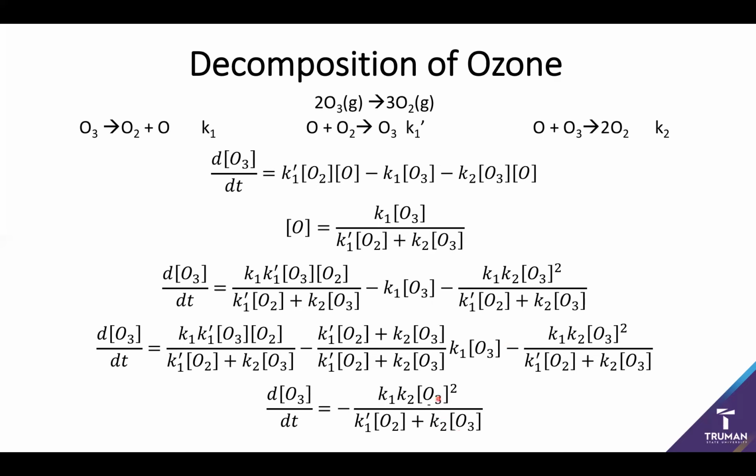But under low ozone conditions and high oxygen conditions, which is frankly much more common, we'd expect this term to be second order in ozone and inverse first order in oxygen. So this would essentially indicate that increasing oxygen concentrations would slow the rate of consumption of ozone, which is not something that we'd essentially predict just from brief inspection.